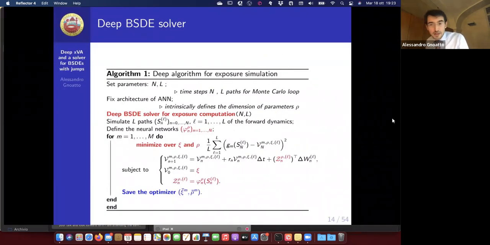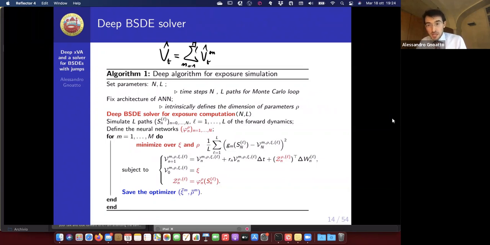So how does our algorithm for the computation of xVA look? The first thing that we need to do is generate the scenarios of V hat, the clean value of my portfolio. As a starting point, I want to run the Deep BSDE solver in order to solve the linear BSDEs which are satisfied by the family of European contingent claims.